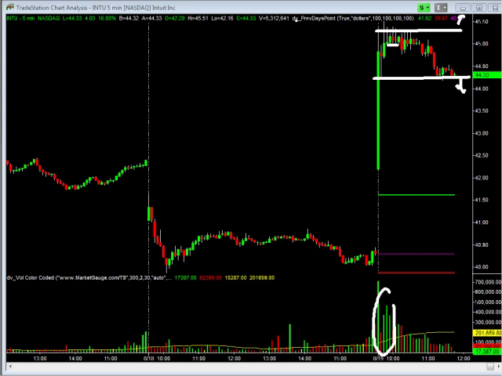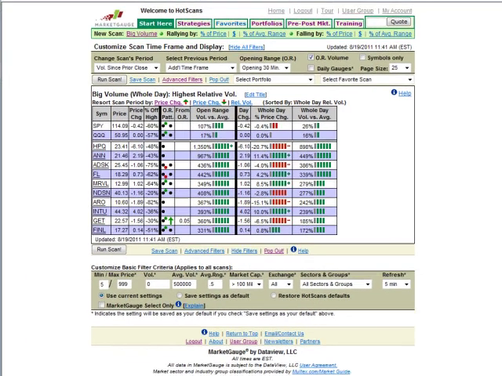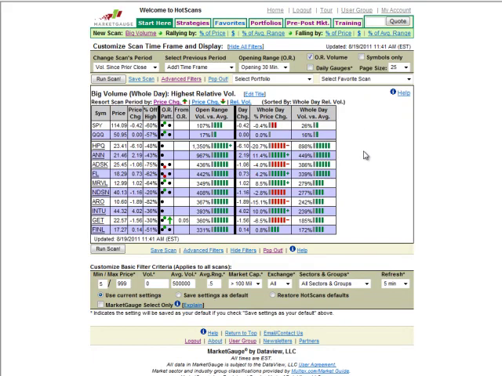Now the way that I'm able to do this, or scan for this, is through our product called Hot Scans. Hot Scans gives you the ability to not only scan for unusual volume on an end of day basis, but on different time frames.